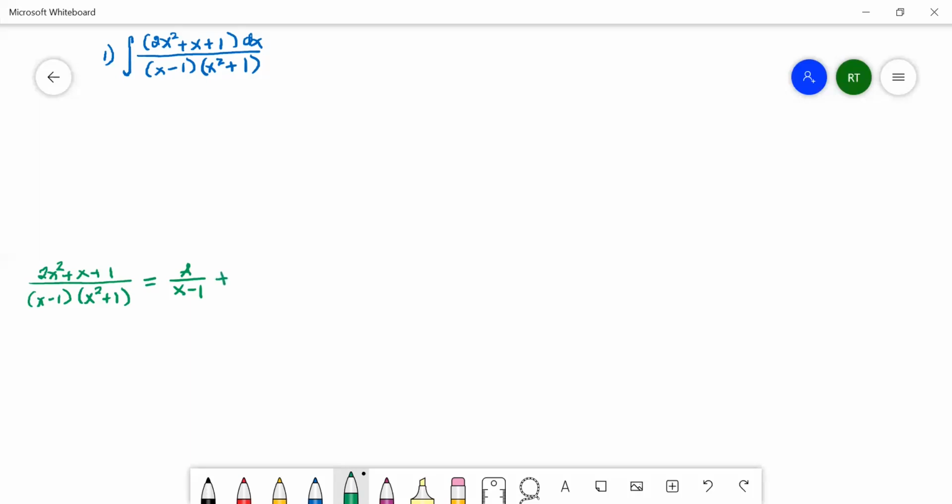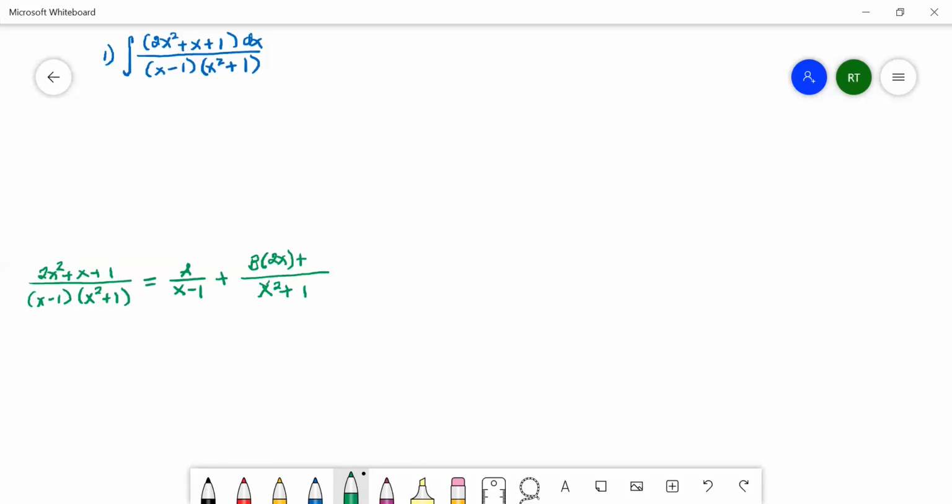Now we have the constant A, so we can now use B. The denominator is the quadratic factor x squared plus 1, and we have to multiply B by the derivative of the quadratic factor x squared plus 1, which is equal to 2x.